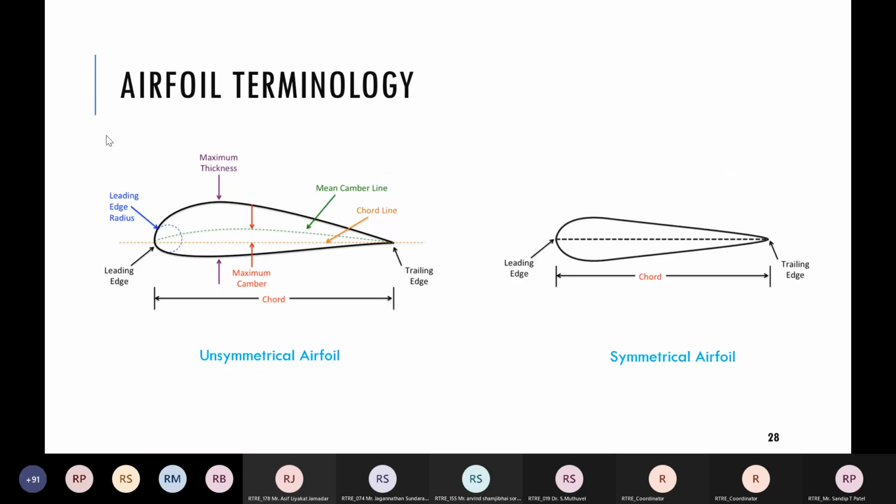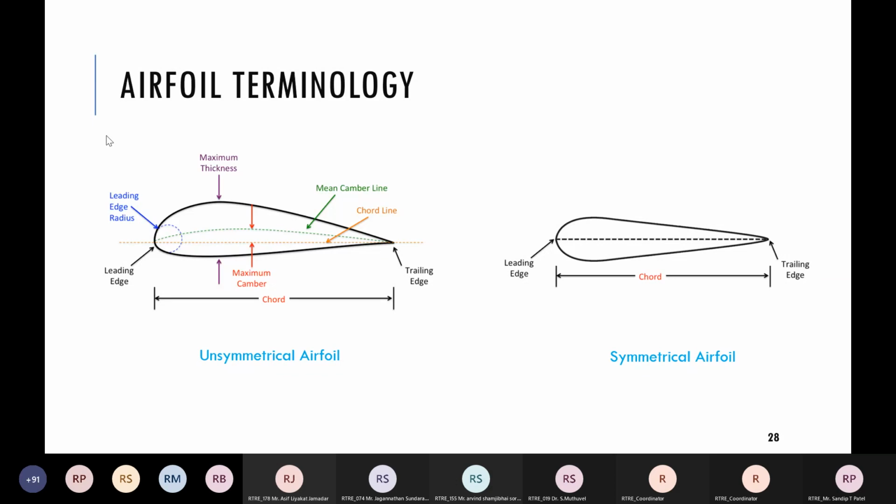Okay, so as we are talking about lift type turbines, we need to understand airfoils and their behavior. This is airfoil terminology, basic nomenclature. The main thing is there are two kinds of airfoils, symmetrical and unsymmetrical.